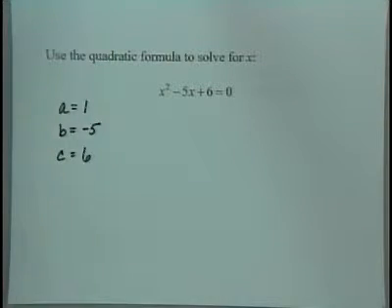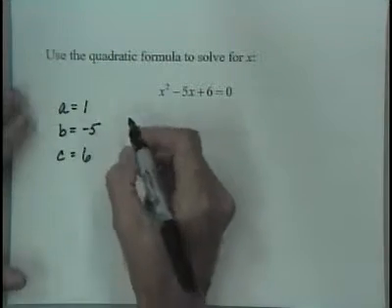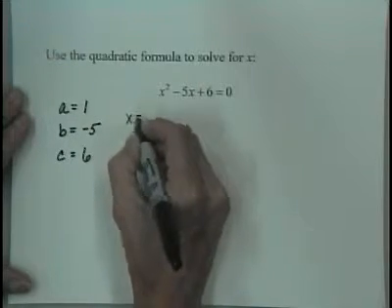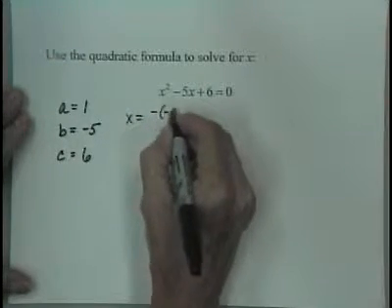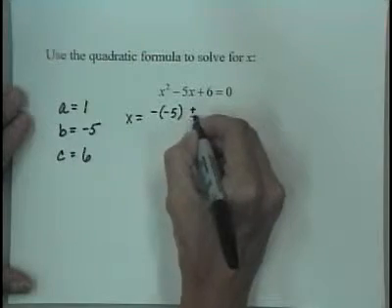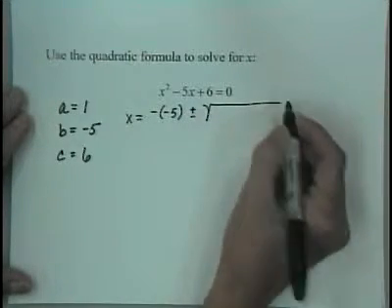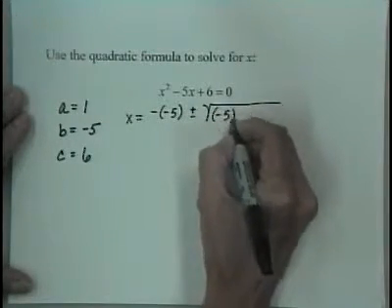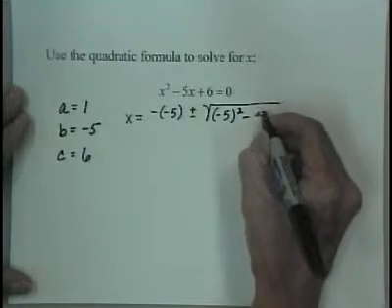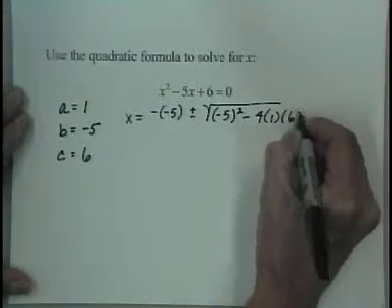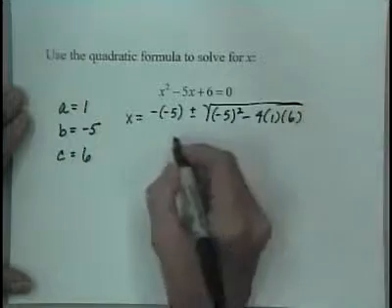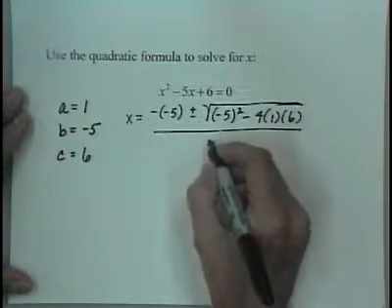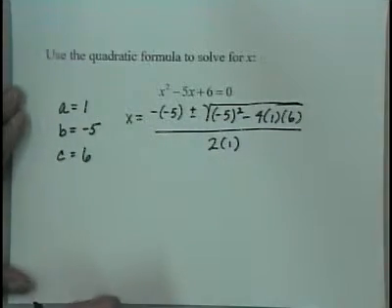Now putting those into the quadratic formula, I'll write down x equals negative negative 5 plus or minus the square root of negative 5 squared minus 4 times 1 times 6, all of that divided by 2 times 1.